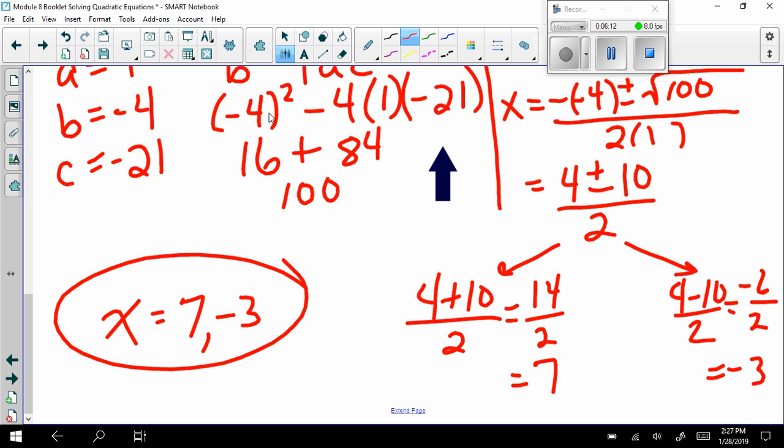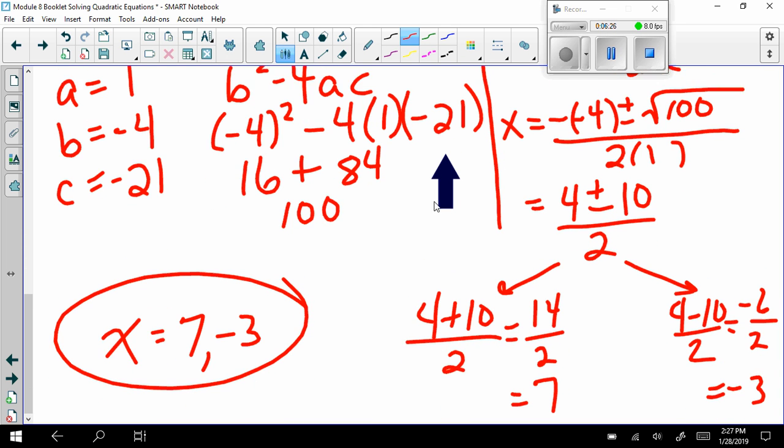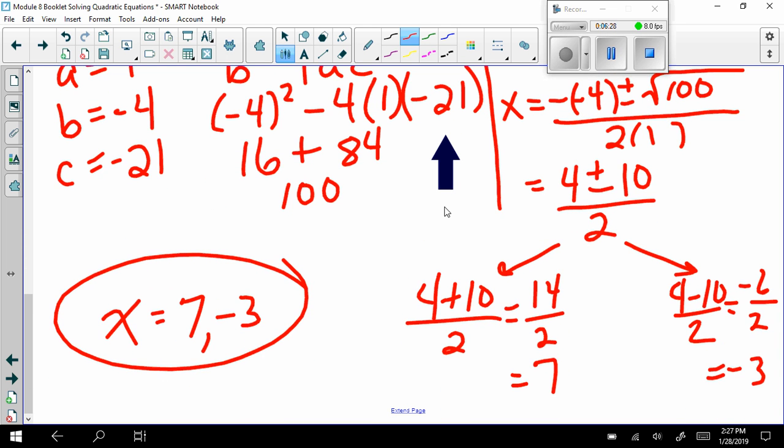Anytime I get rational solutions, no square roots left, that means I could have factored if I wanted to. The benefit of the quadratic formula is that it always works. We are going to look at the other examples in separate videos or together in class, depending on the example, just so we can kind of look at one or two at the same time.